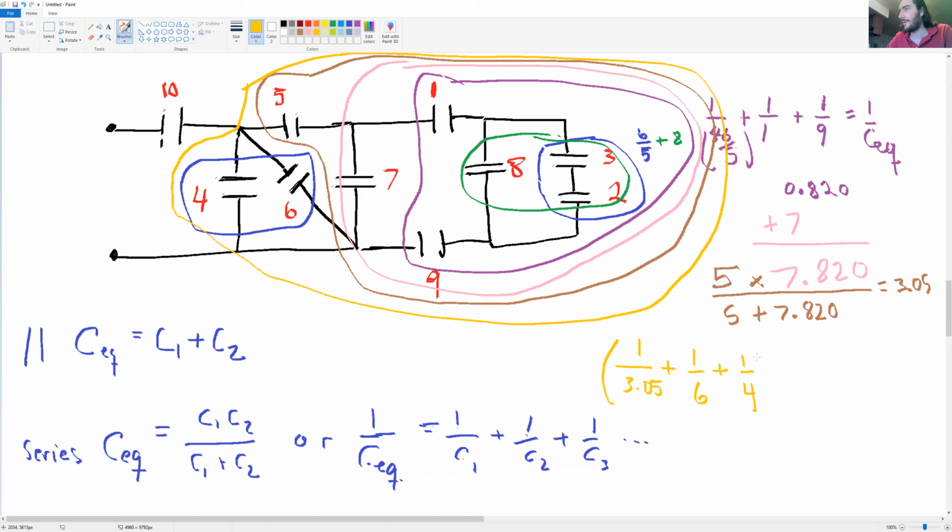And in the calculator, I plug it in like this. I put it to the -1 power. So 1 over 3.05 plus 1 over 6 plus 1 over 4. Raise that to the -1 power, and we get 1.34.